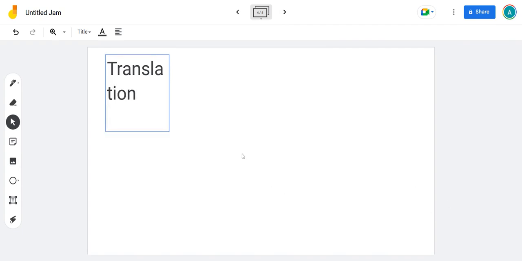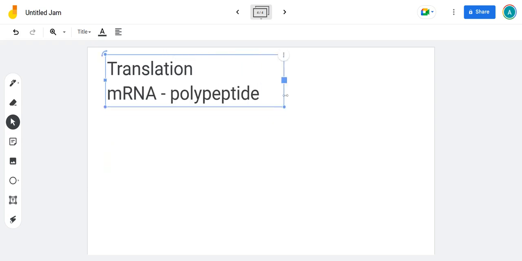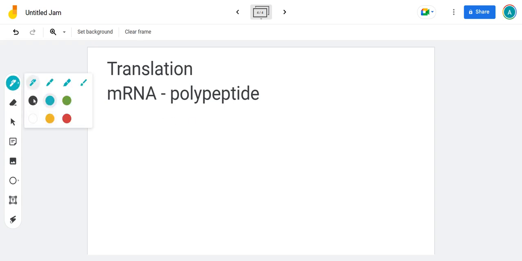So translation is the process when we use the mRNA as our instructions to make a polypeptide. It's the strand of amino acids that folds up to make a protein. It's just called a polypeptide when it's in a line, and then it's called a protein when it's folded up. So our mRNA strand that we've just made is going to go to a ribosome.